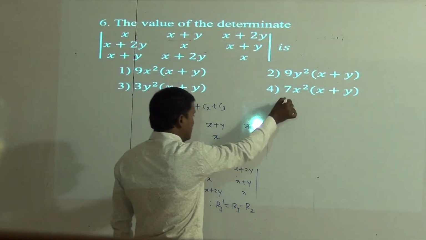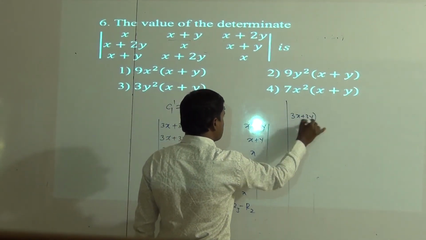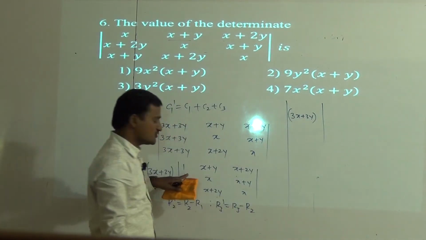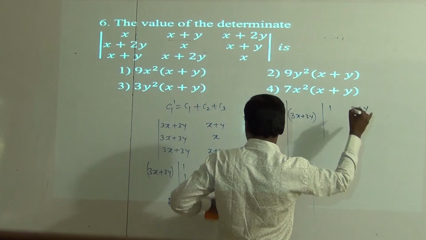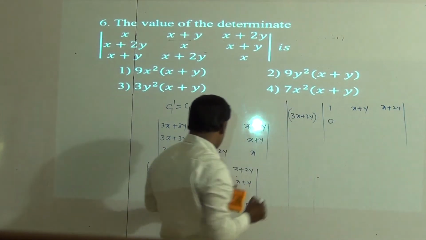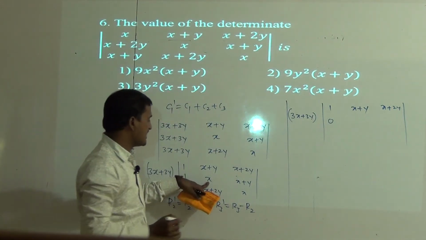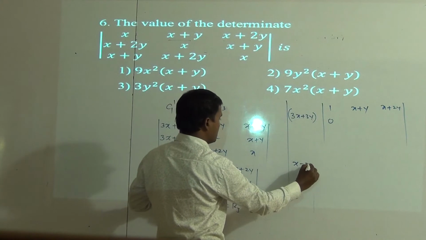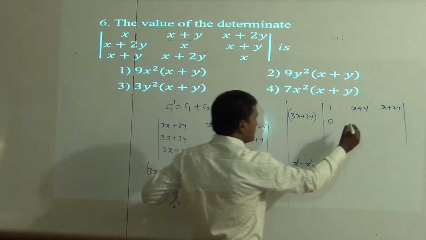So clearly 3x plus 3y as it is, and here I should write the first row as it is. So that is 1, x plus y, and here it is x plus 2y. And here it is R2 minus R1: 1 minus 1 becomes 0, and here it is x minus x minus y, this and this get cancelled, and here it is minus y.